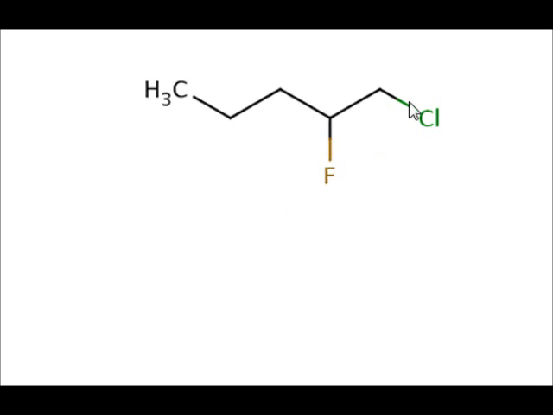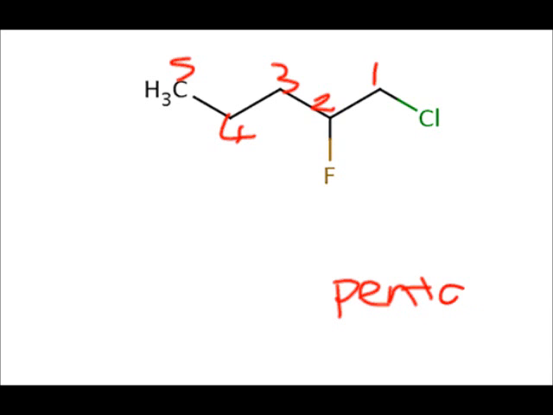Now both of them are on the right-hand side of the molecule, so we number the longest carbon chain from the right-hand side so as to give these two groups the lowest number possible. So we've got 1, 2, 3, 4, 5 carbons in the longest chain. The stem for 5 is pent, so this will become pentane.